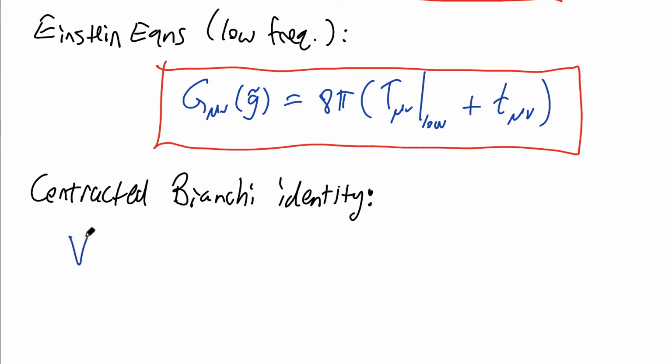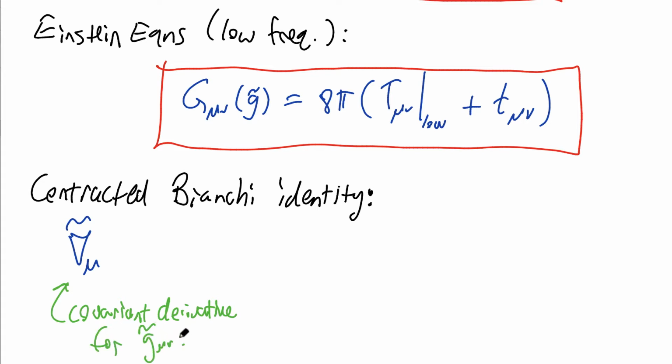So if we let del tilde denote the covariant derivative with respect to the background metric, so this is the covariant derivative for g tilde, then the background Einstein tensor satisfies del tilde mu G mu nu of g tilde equals 0.